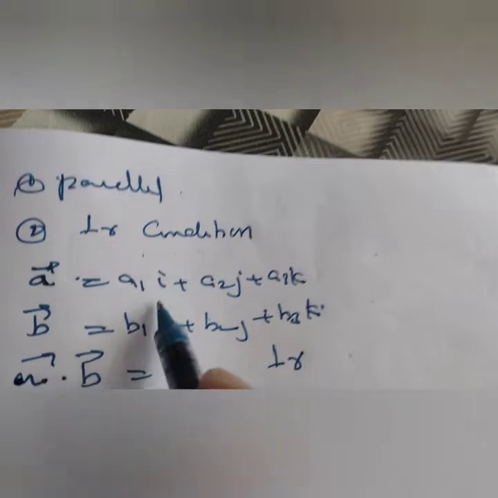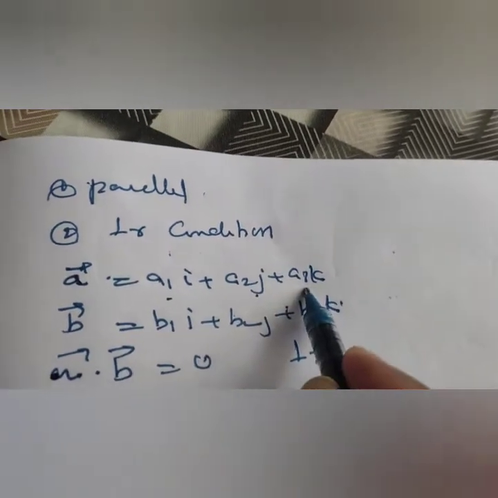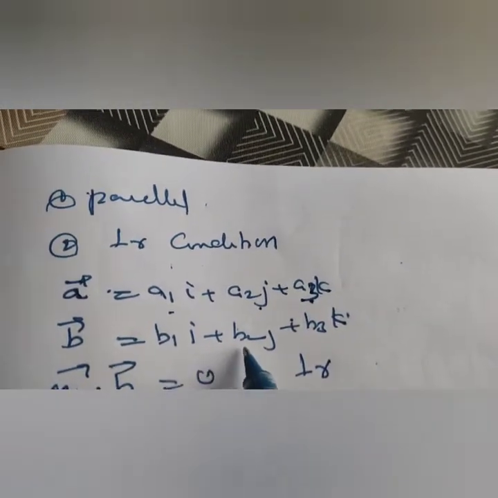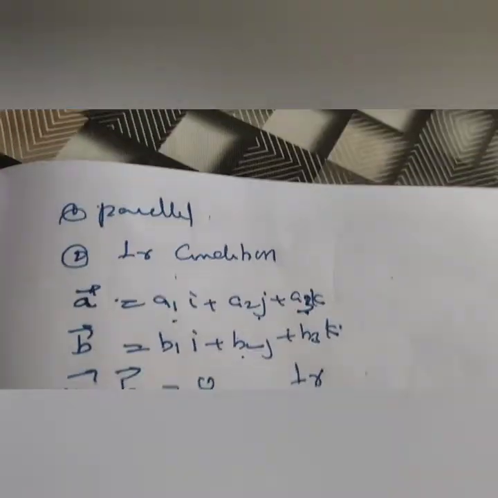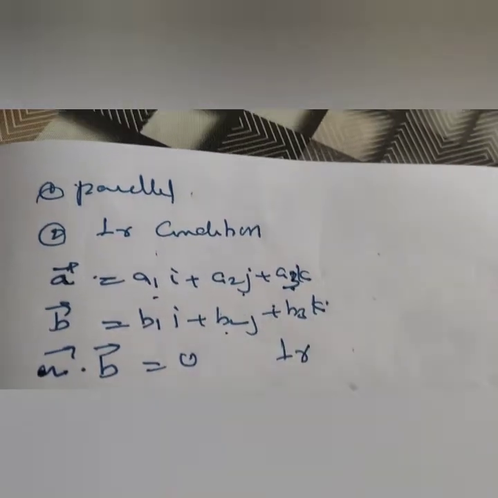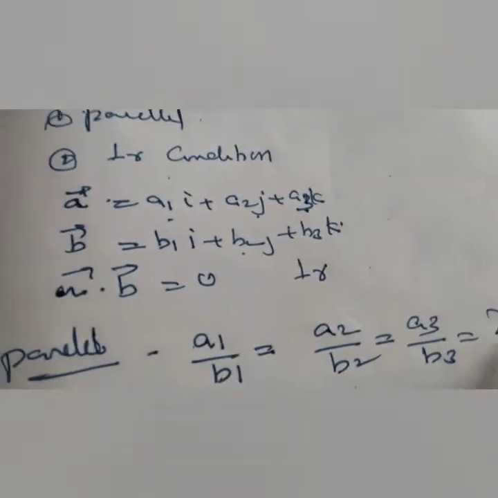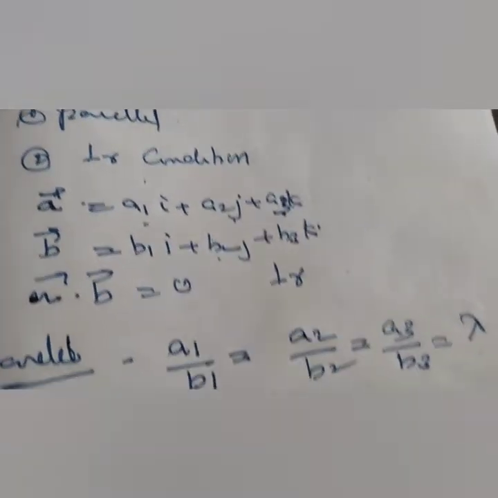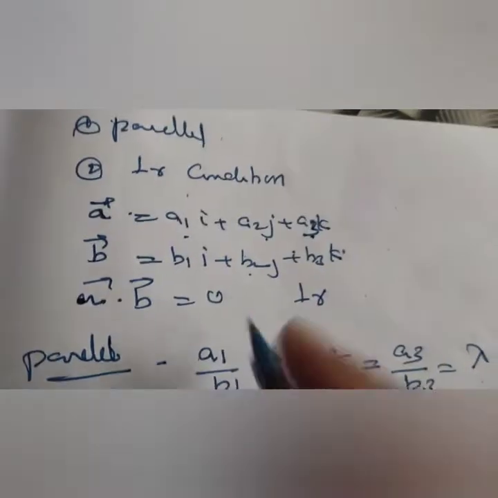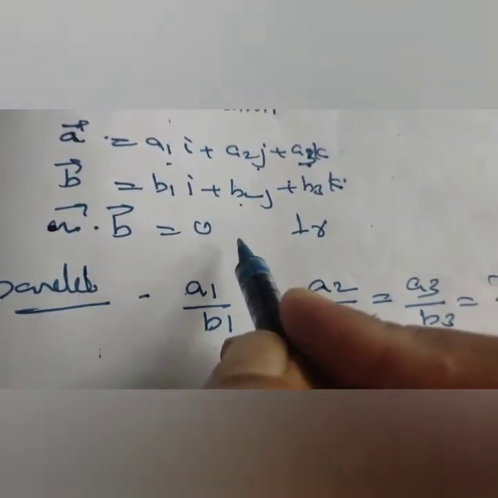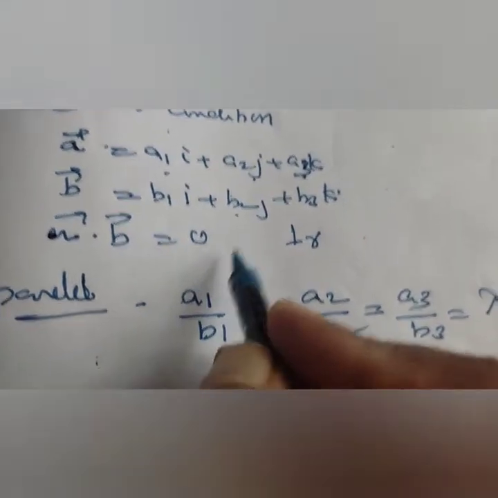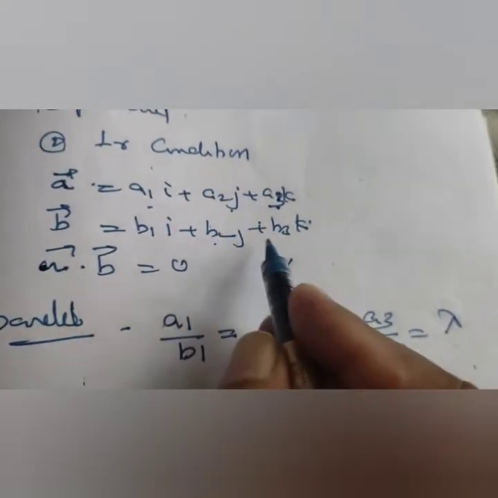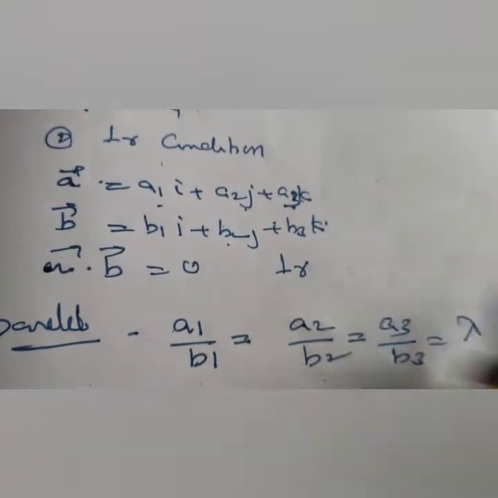Then this is the condition for parallel. And perpendicular means A dot B is 0, so A1 B1 plus A2 B2 plus A3 B3 must be equal to 0.